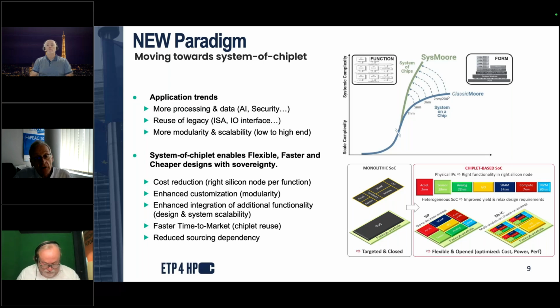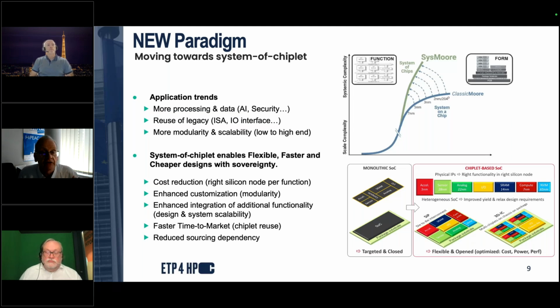But of course, one of the key points for the system is to have tight integration. So we also try in the software to have some new models of shared memory and things like that. That means you need virtualization of several chiplets into one global system.